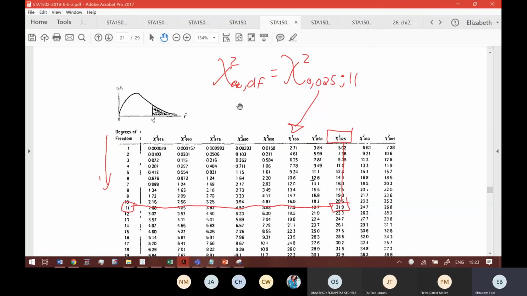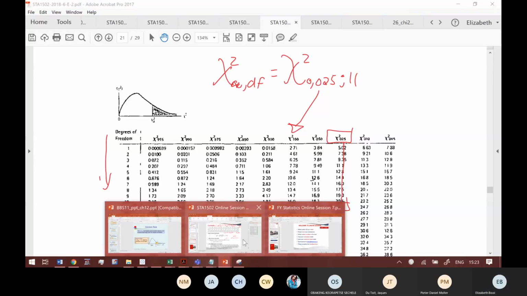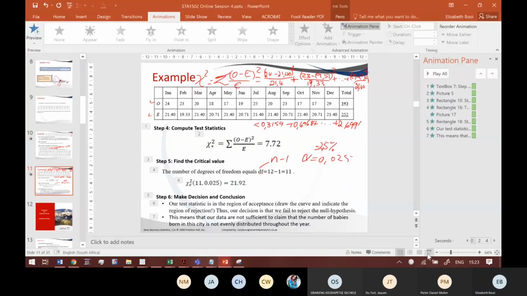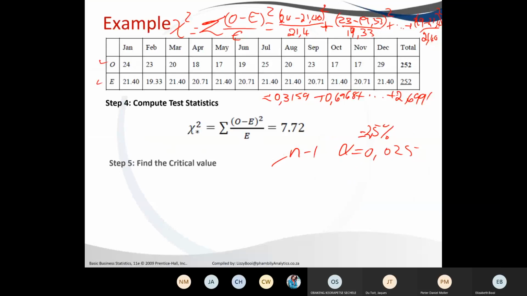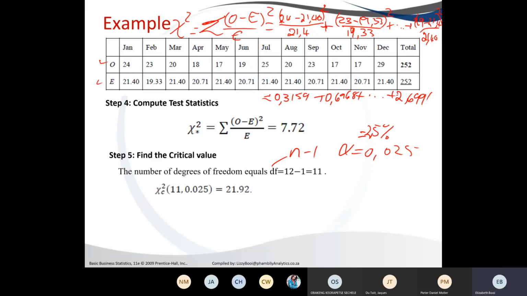And we go back. And our critical value is 21.9. I used another table, that's why I get 21.92. So yours has only one decimal, so it's 21.9. And that is our critical value.